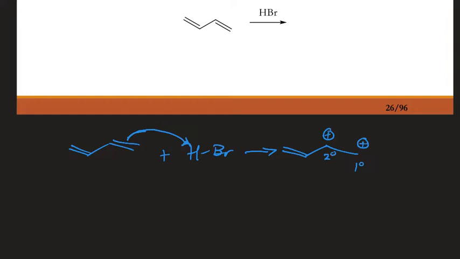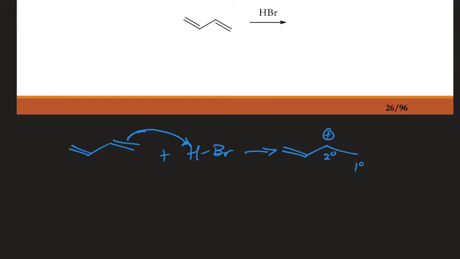So let's see what happens. So we have buta-1,3-diene and we have HBr. If we ignore the double bond on the left, the first step in the hydrohalogenation was addition of hydrogen. And that would occur creating a carbocation either at the primary position or at the secondary position. And we discussed ad nauseum, I think, that the secondary is more stable than the primary.